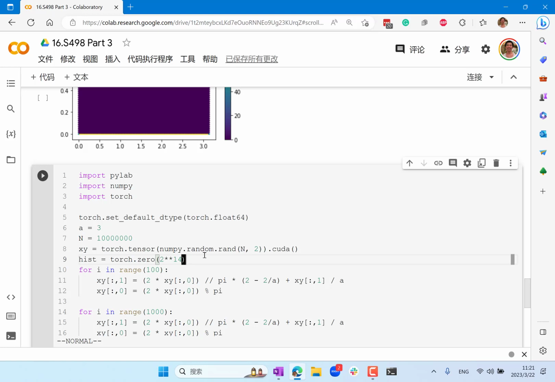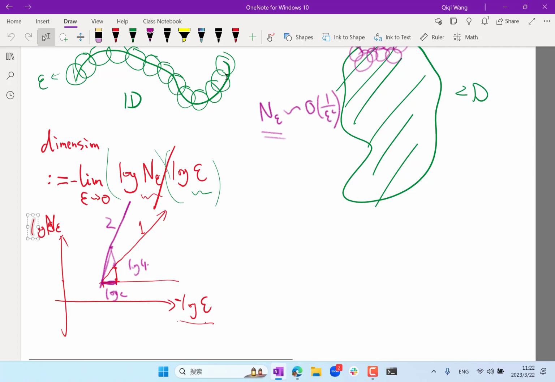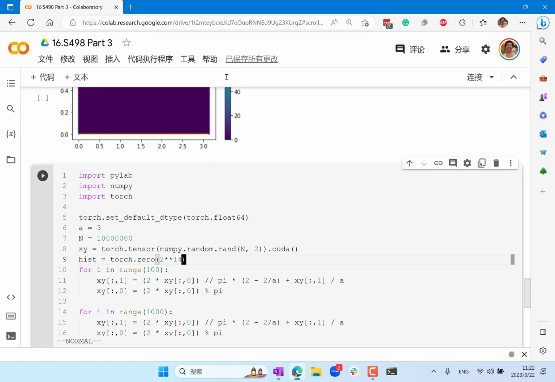2 to the minus 14 is the smallest epsilon we will be able to look at. So we'll look at all of these bins and say how many of these bins are non-empty. Non-empty means that there are points within that bin, which means I need that ball to be able to cover that fractal object, which is the collection of points that a long-time trajectory of this map is going to visit.